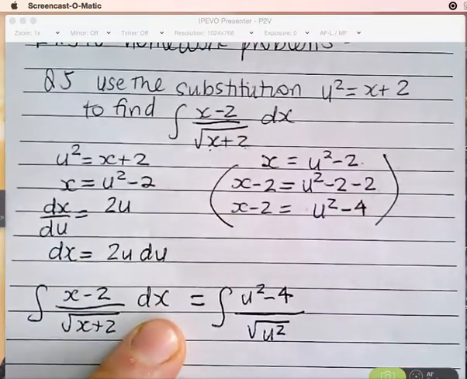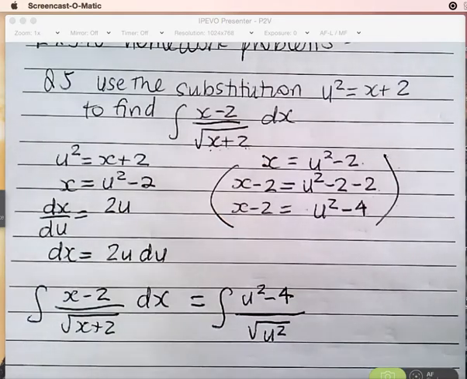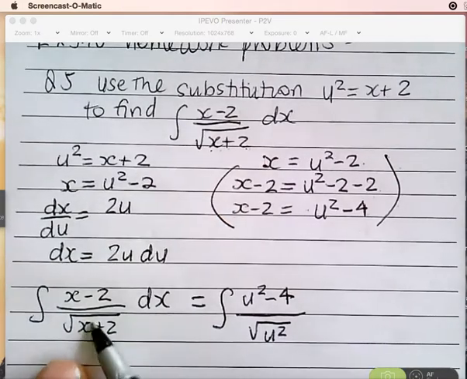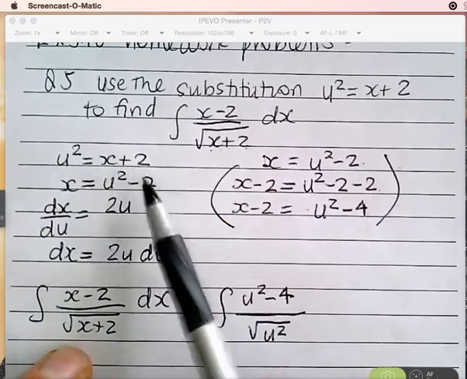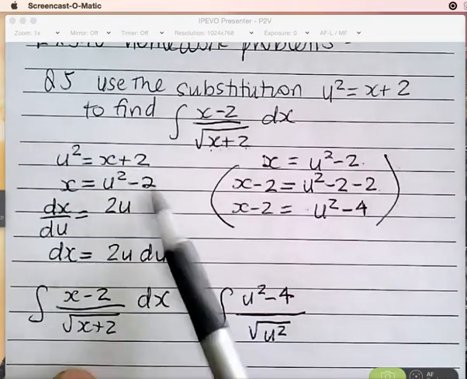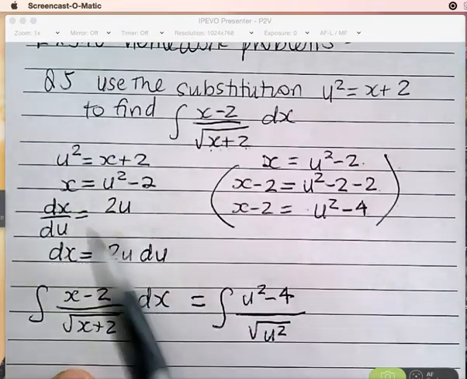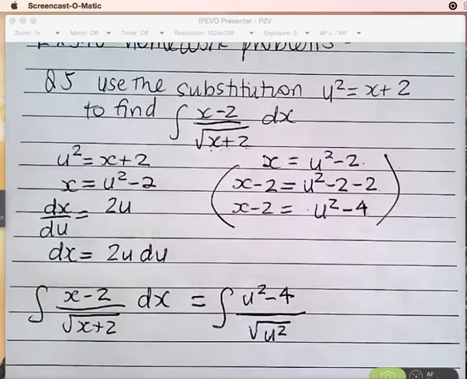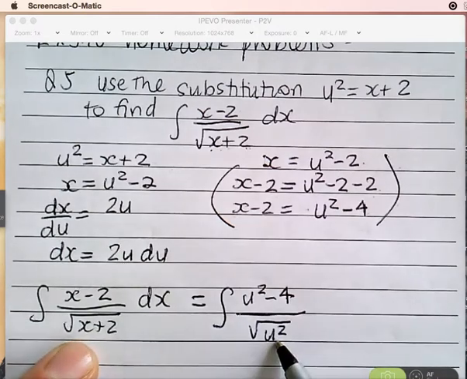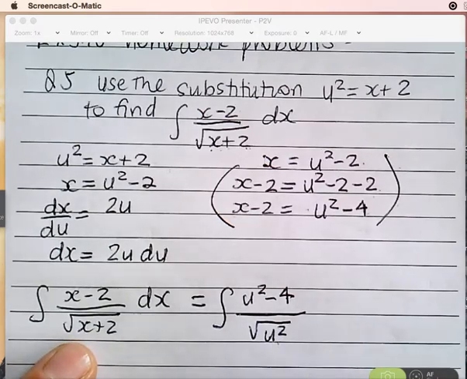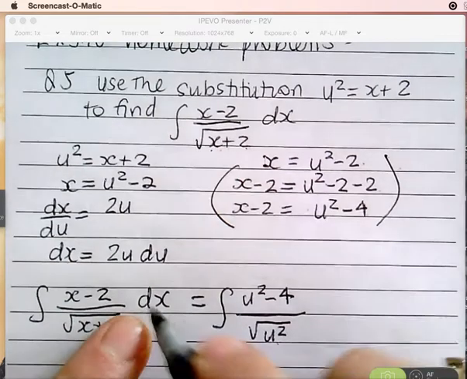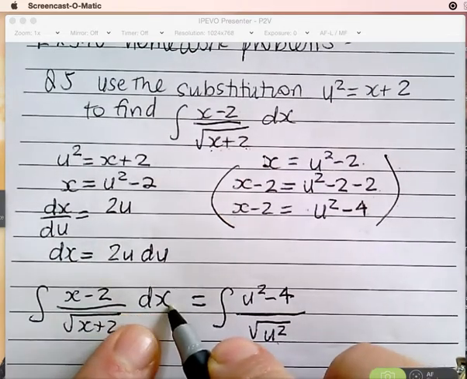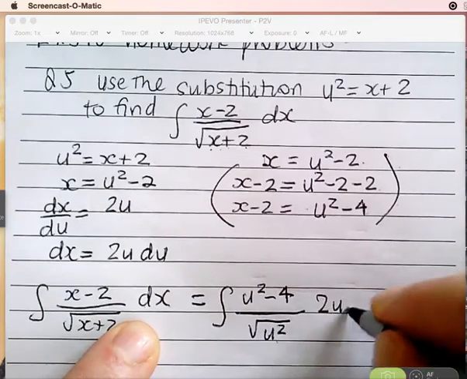Why is it so confusing? Can you see an x plus 2 anywhere up here? What does x plus 2 equal? So you replace the x plus 2 with a u squared. All right, what does dx equal? 2u du.